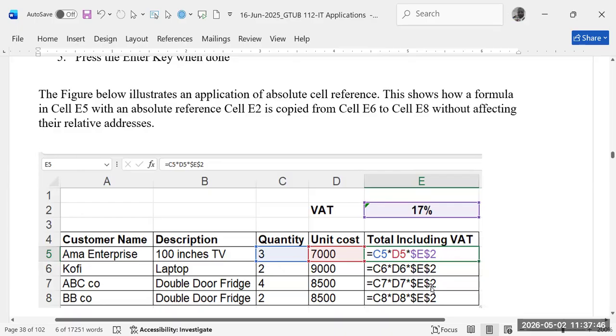So in a spreadsheet, if you want to lock something, you want a cell reference to remain the same, you choose an absolute reference so that it will not be copied. And relative means its references must be copied. So here, this is a relative address because the formula is C5 times D5, and when you copy it, it gives C5.